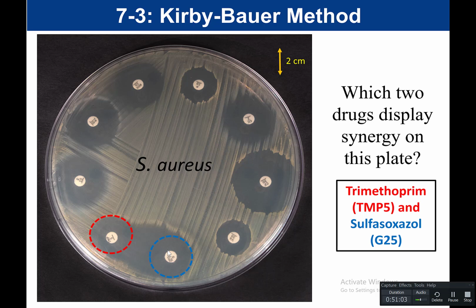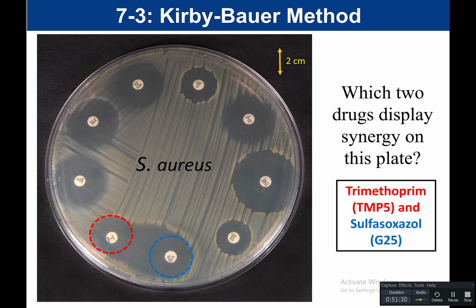And when these two drugs are combined, only about 10% of the normal dose needs to be used. So it allows you to give a lot less of the drug than if you were to give them individually. And so they're combined in Bactrim because these two drugs display synergy. Combined, they're more effective than either drug alone.